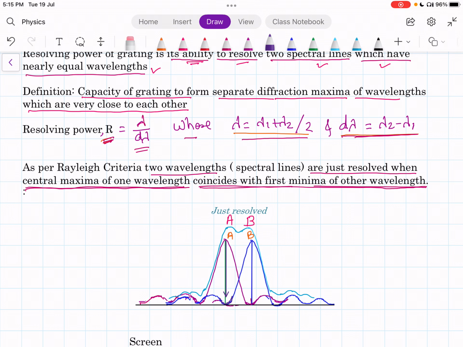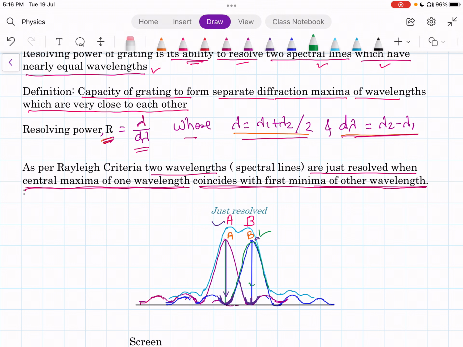This one here is the first minima of diffraction due to wavelength lambda 2, that is B. Or here also you can see, this is the first minima of A, which is coinciding with the central maxima of wavelength B or lambda 2.